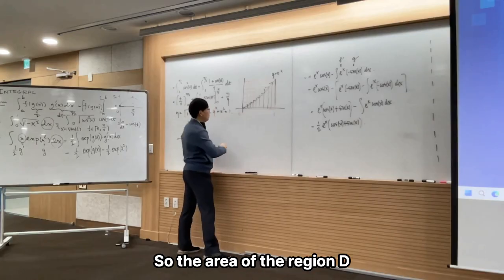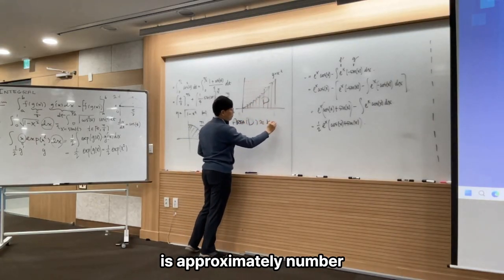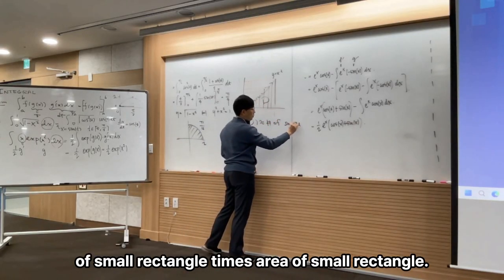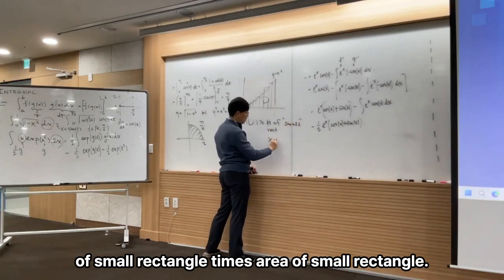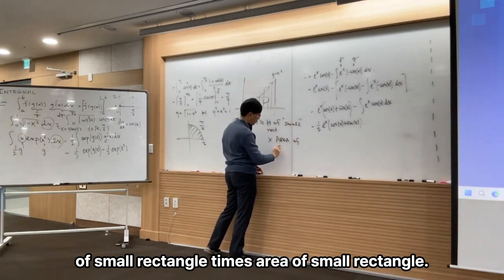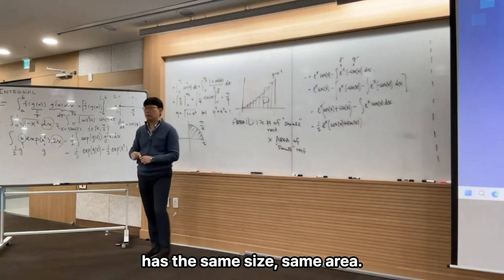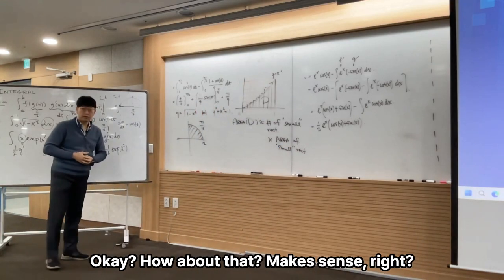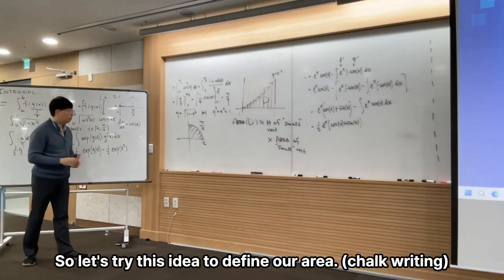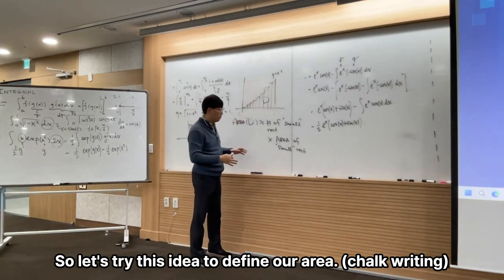So the area of the region D is approximately the number of small rectangles times the area of a small rectangle, assuming that each rectangle has the same size, same area. Makes sense, right? So let's try this idea to define our area.